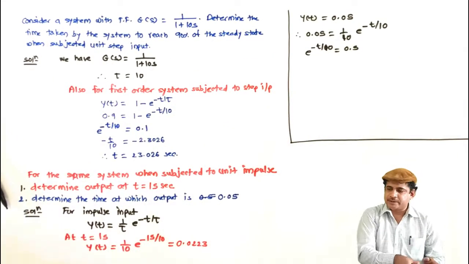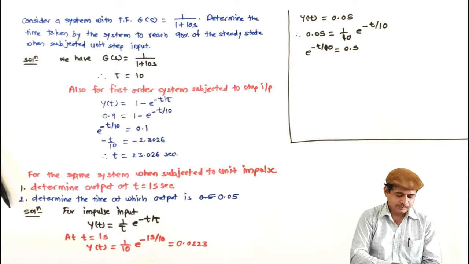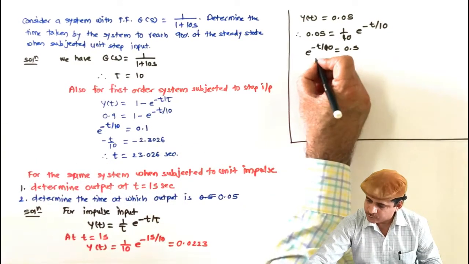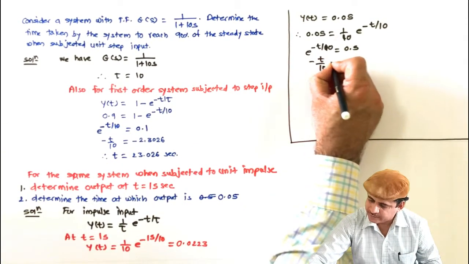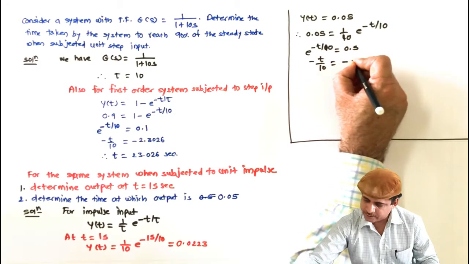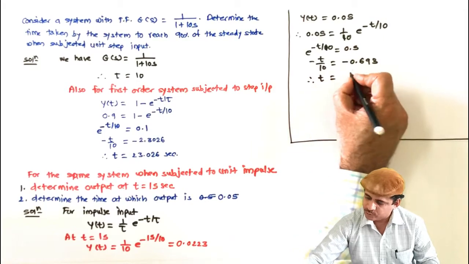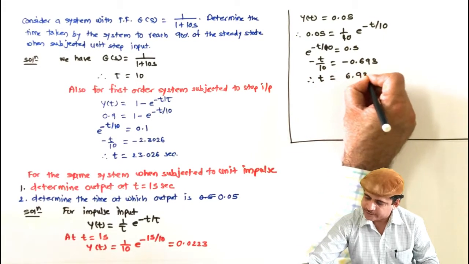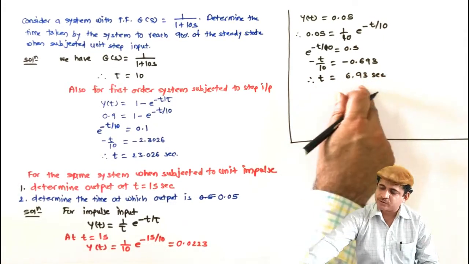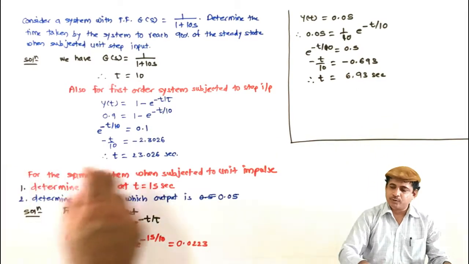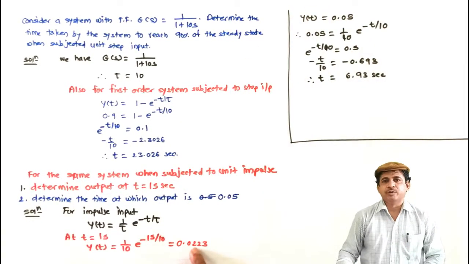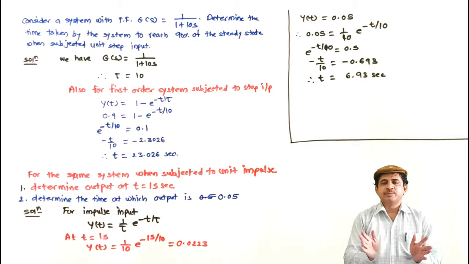So let us take log. So minus t by 10 is equal to minus 0.693. So t is equal to 6.93 seconds. At t equal to 6.93, the output will be 0.05 when the system is subjected to impulse input.